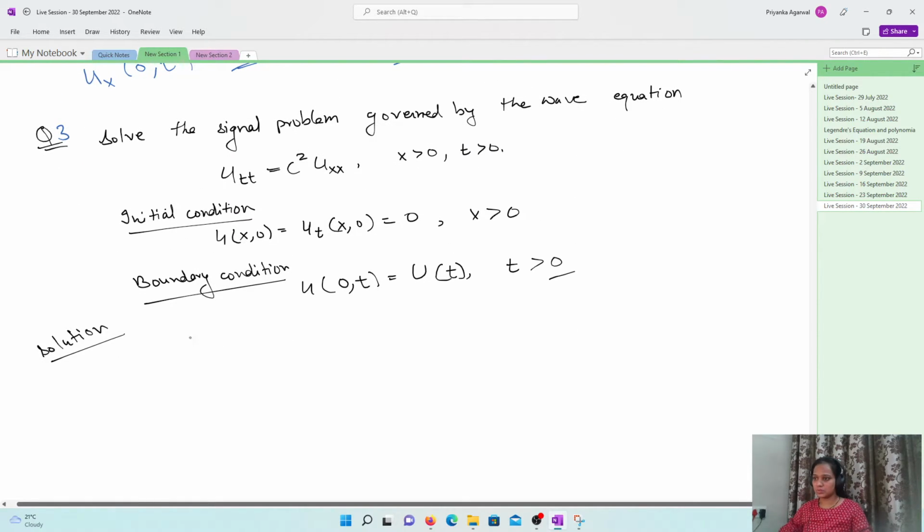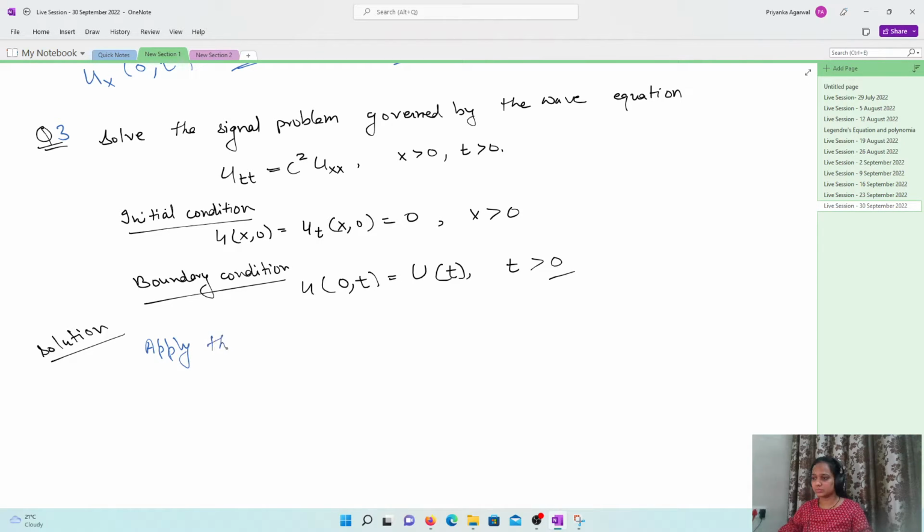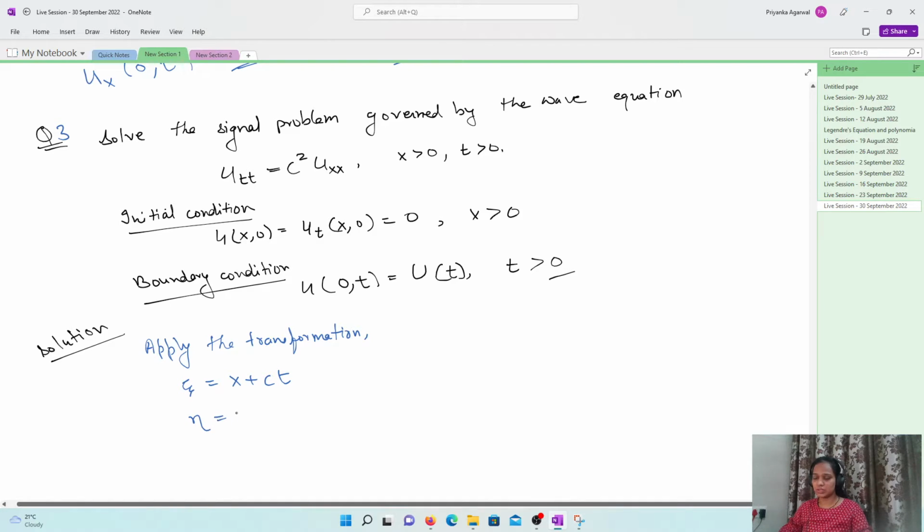Okay, so let's apply the transformation xi equals x plus ct and delta equals x minus ct.